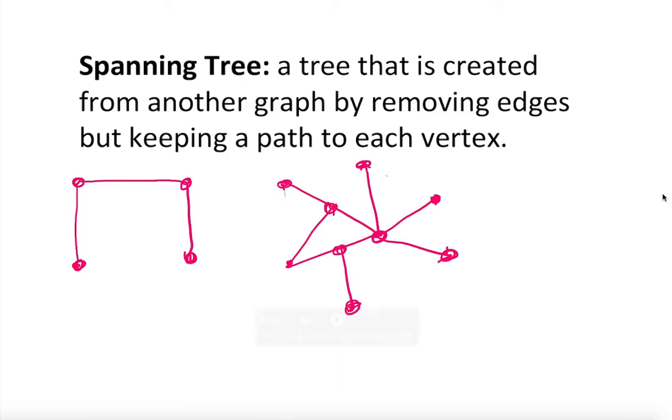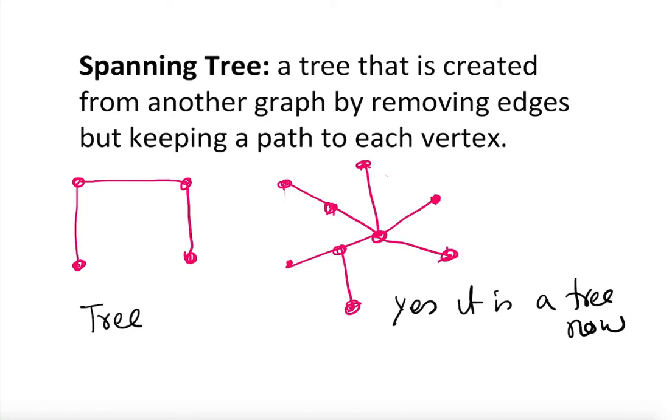So I can remove this one, this one, this one, or that one. So it's up to you actually. So I'm going to remove this one. Look at this. This is now a spanning tree. Okay. So yes, it is a tree now.